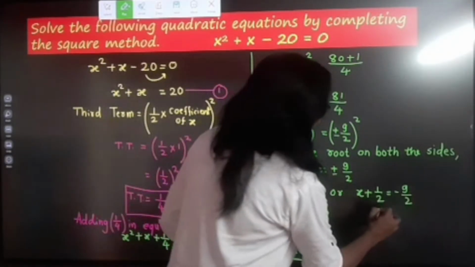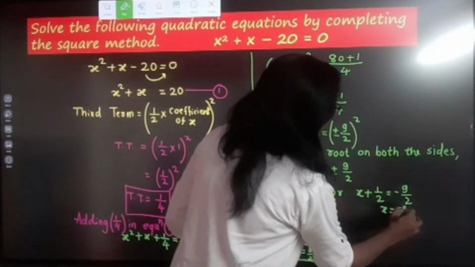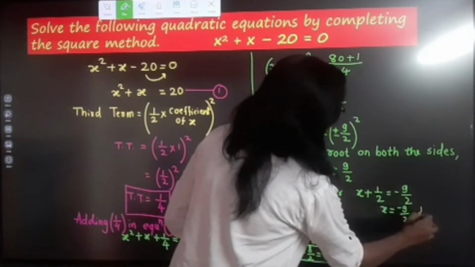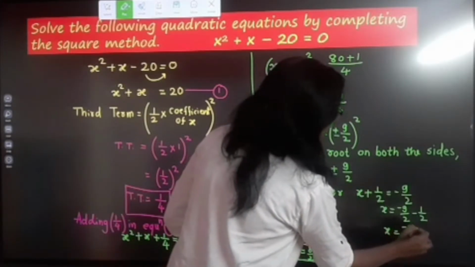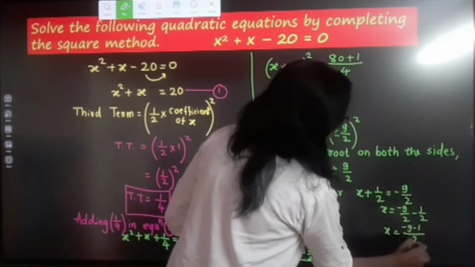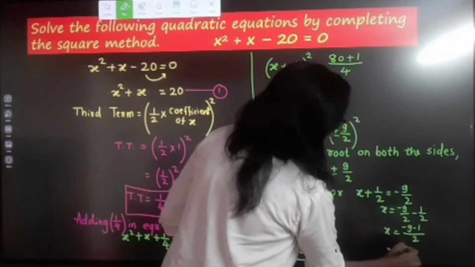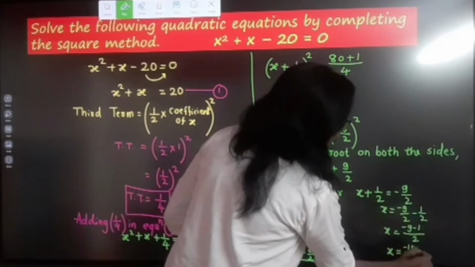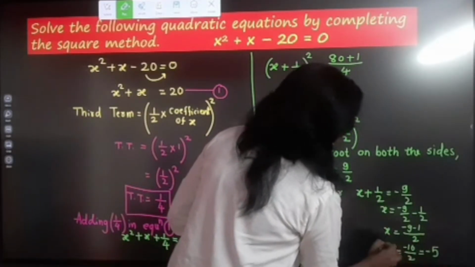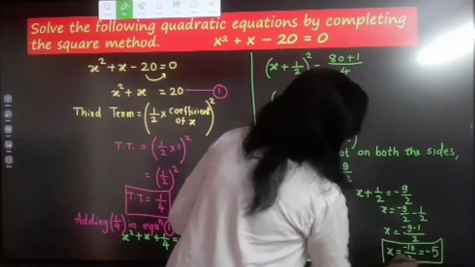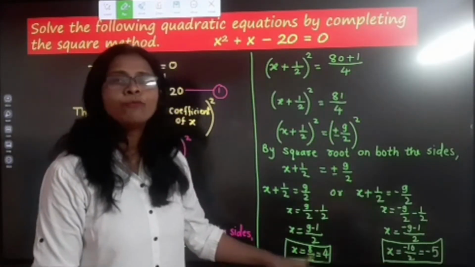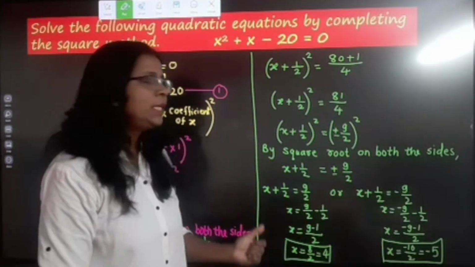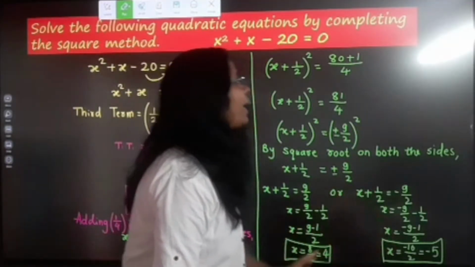Okay, students. And here x is equal to minus 9 upon 2 minus 1 upon 2. So x is equal to (minus 9 minus 1) upon 2, so x is equal to minus 10 upon 2, which is equal to minus 5. Okay, students. So that means we have the solutions of this quadratic equation, 4 and minus 5.